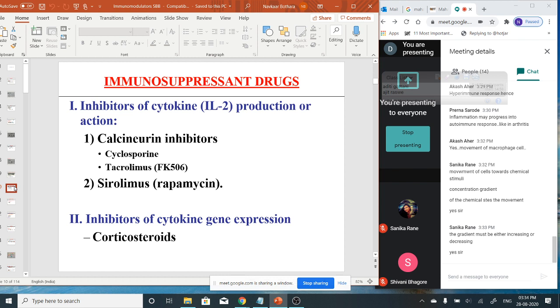That means you have not taken my words seriously. No one has read. There are many agents that we call chemotactic agents. Now don't start searching for them right away; concentrate on the lecture and then do whatever you want.